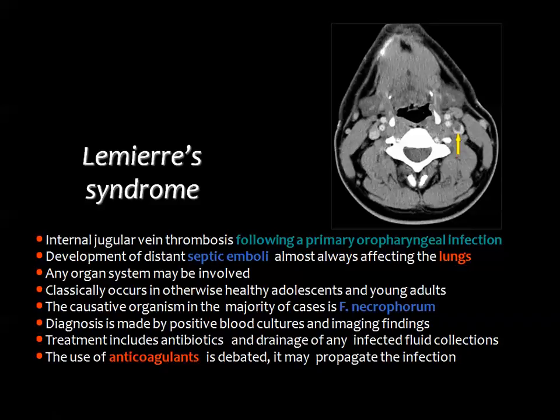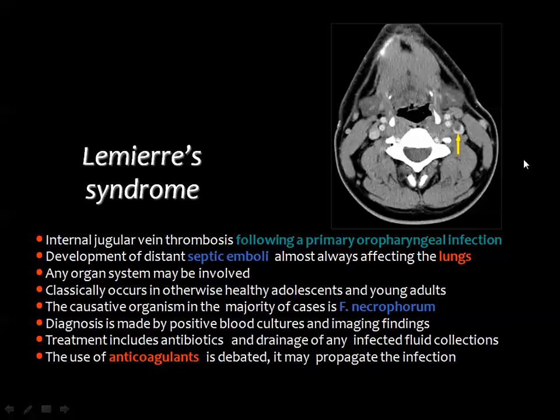We came to an important issue which is known as Lemierre syndrome, and this is an inflammatory thrombosis of the internal jugular vein. And you see, this is the region of the carotid sheath. These are the internal and external carotid arteries, and this is the internal jugular vein, which is the seat of a small hypodense intraluminal thrombus.